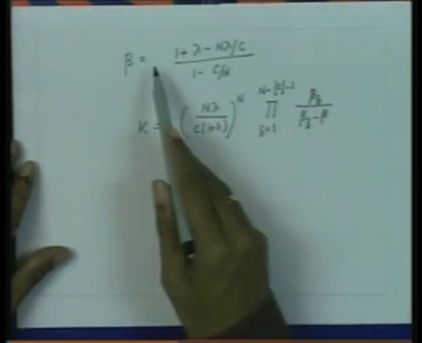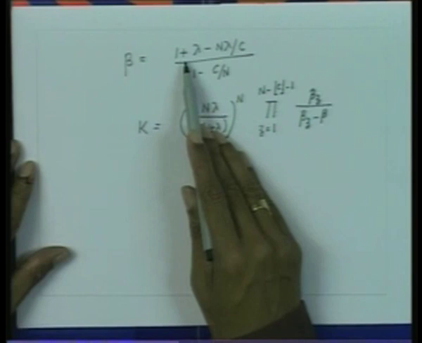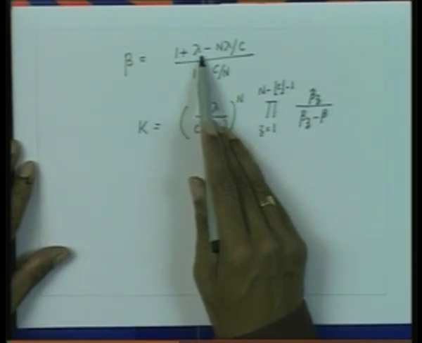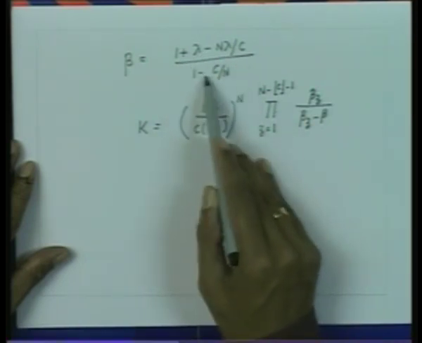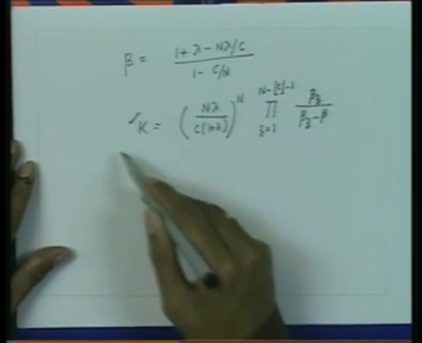The value of beta is given by this, 1 plus lambda minus n lambda upon c upon 1 minus c by n, and the value of k is given by this.